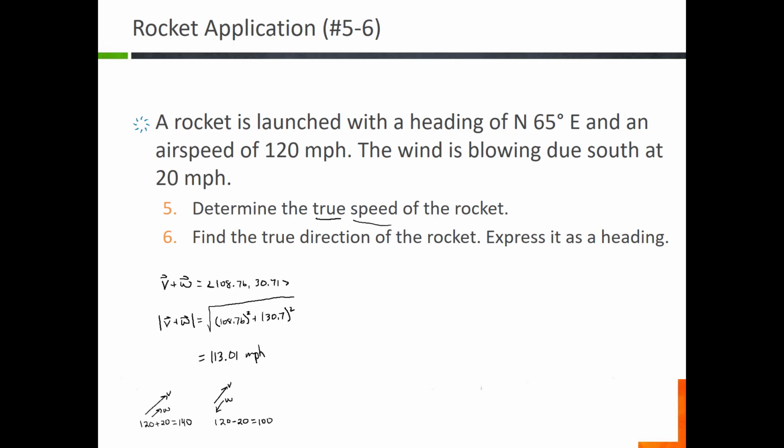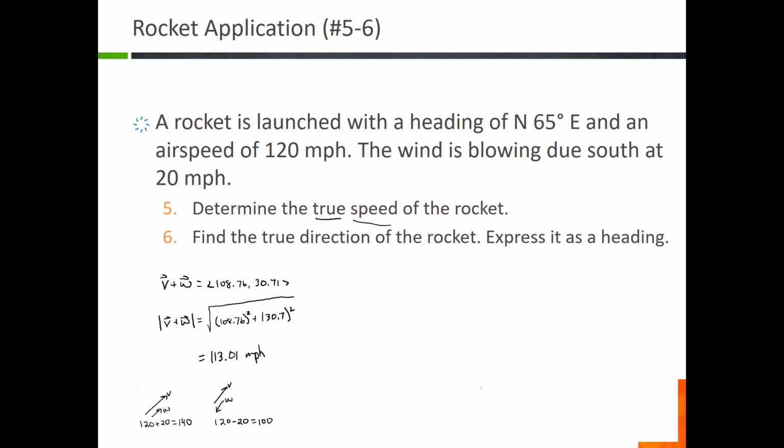Okay, so if they're going in the same direction, if the wind is blowing from behind the rocket, pushing it forward, and they're parallel to each other, then we can add the two vectors together and find the maximum. So with the original speed of the rocket, including the wind, the fastest it would fly is 140 miles per hour. If the wind was pointing completely against the rocket, then they're going to negate each other a little bit.